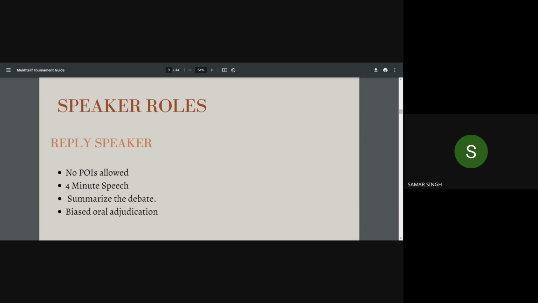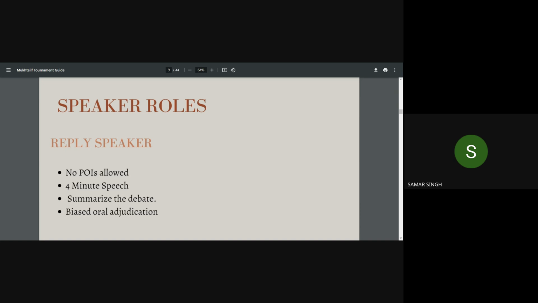Why is it biased? You can be a little biased during your reply speeches, so you don't have to care about your opponents. You can tell us in a biased way why your team wins, why some arguments still stand, why the arguments presented by the opponents were bad. So you can be a bit biased, but that does not mean that you do not give any reasoning or justifications on why you win.